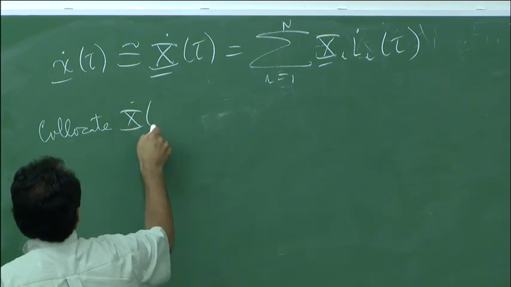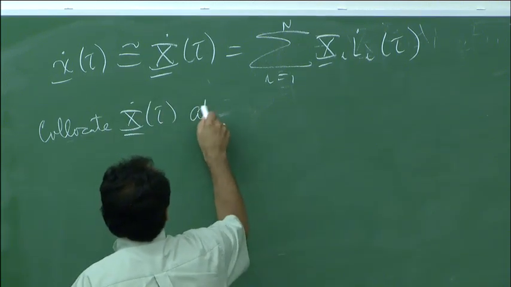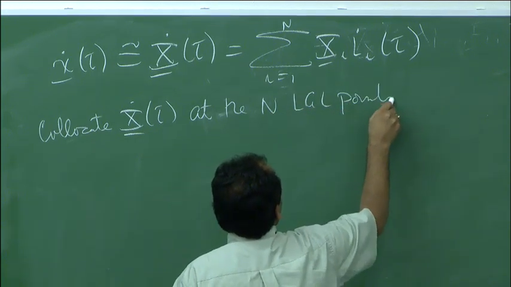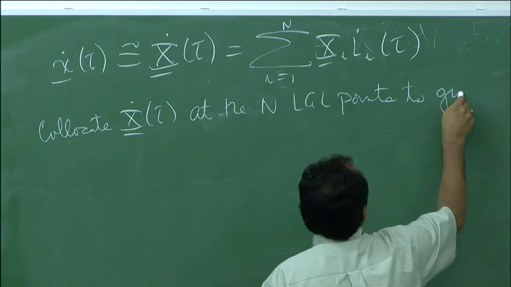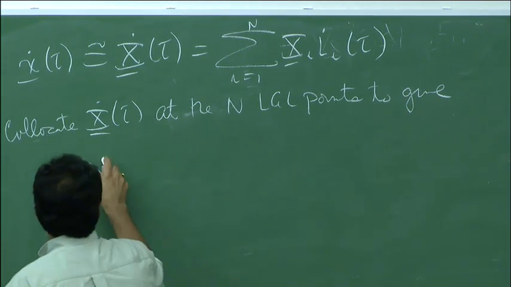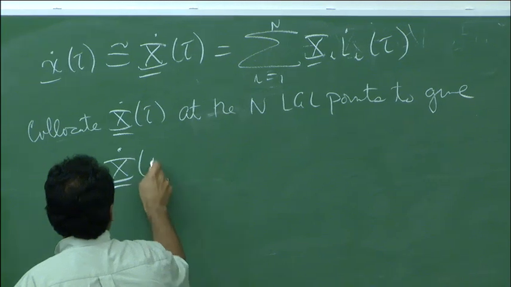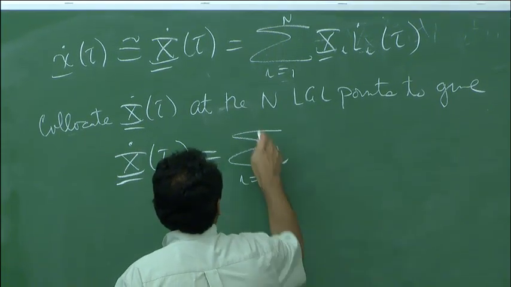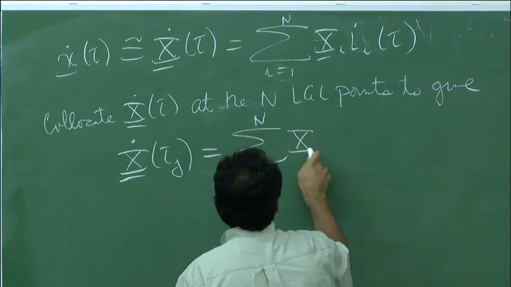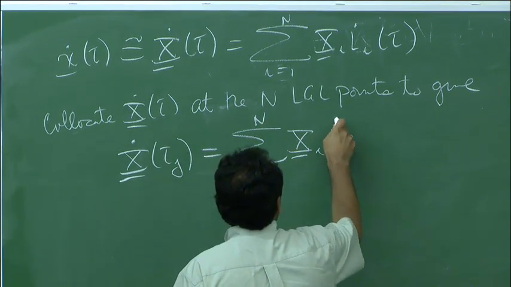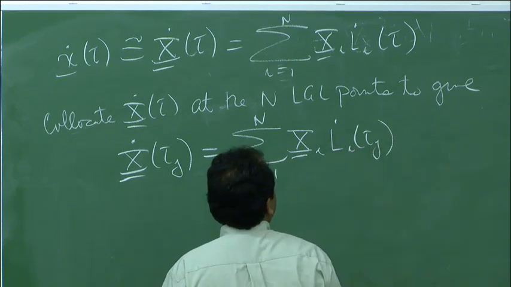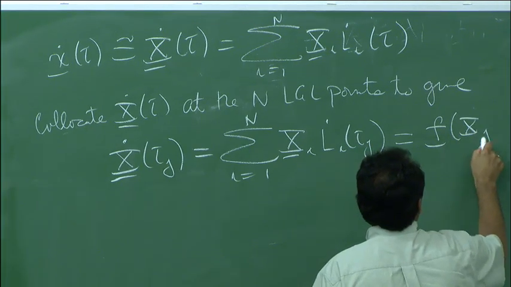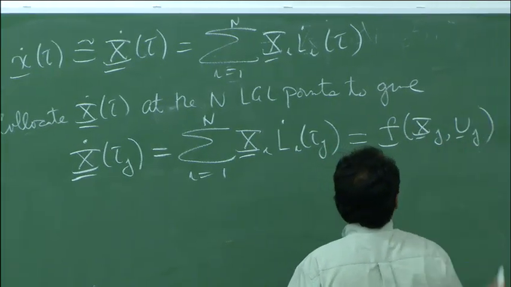x dot of tau at the n LGL points to give the following, which is that x dot of tau_j, which is equal to the sum from i equals 1 to n of x_i l_i dot of tau_j, is equal to f of x_j, u_j.